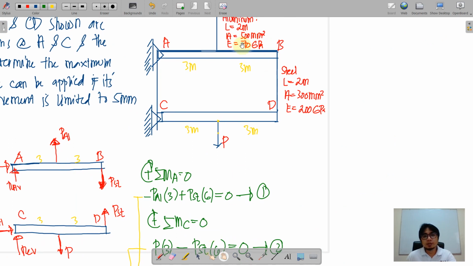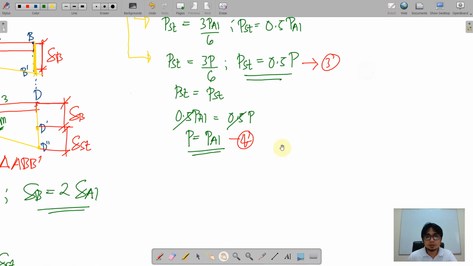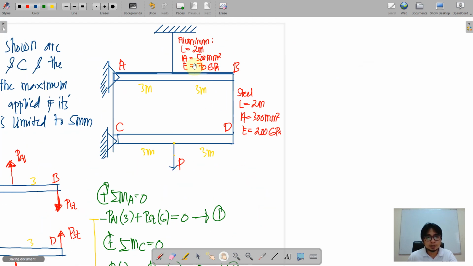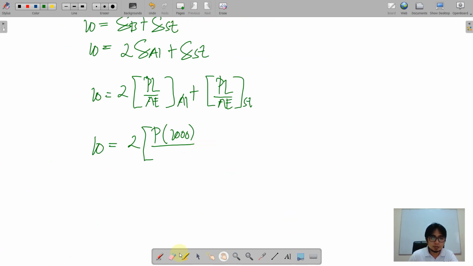Two meters. Area 500, E is 70, L is 2 meters, 300, and 200,000 megapascals. So L here is 2000. And the area for aluminum is 500. And this is 70 gigapascals or 70,000 megapascals.